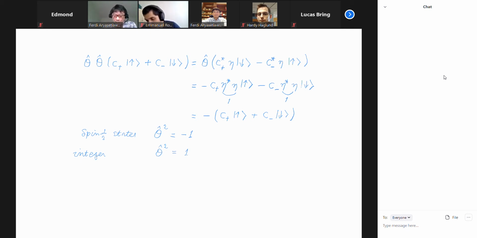In general, we can think of the time reversal operator, when it acts on an angular momentum state, as some phase factor times the rotation operator around the y-axis by angle pi.